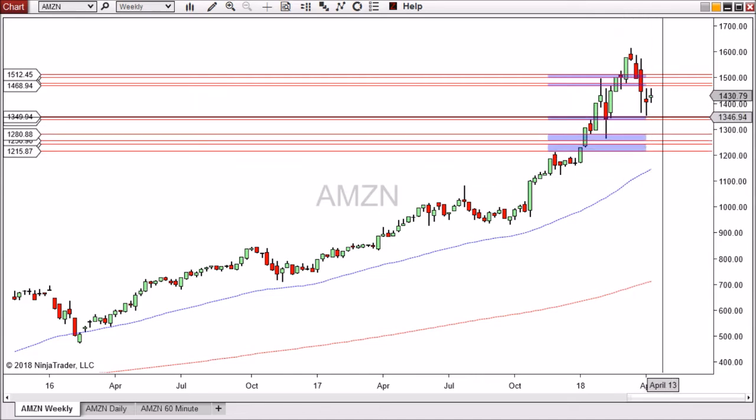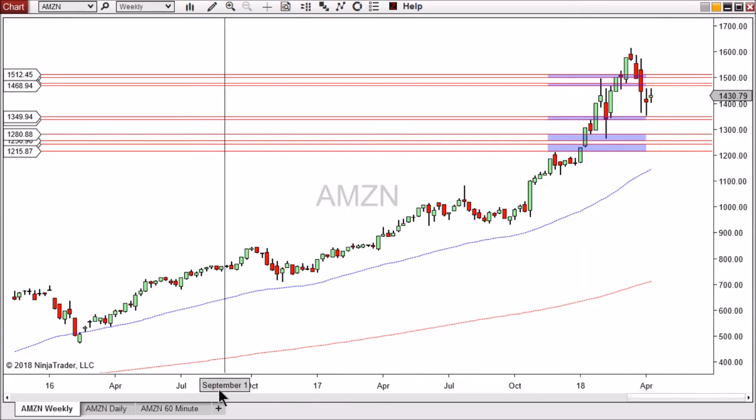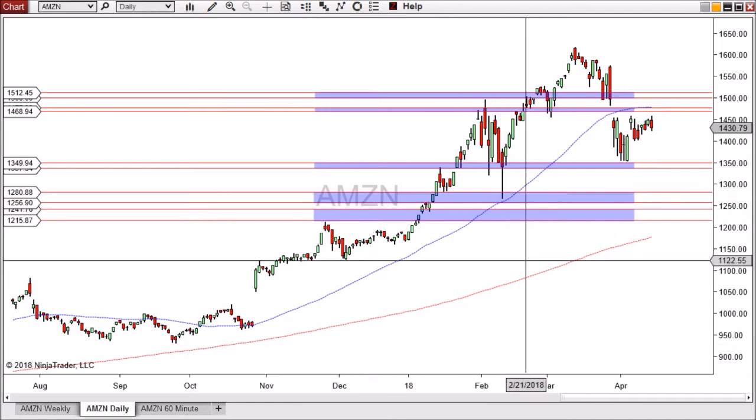Essentially it hasn't formed a lower high or a lower low yet. If we do get a reversal and come down to this zone here, then that will start off that process. Until then, you could say Amazon is still in an uptrend.